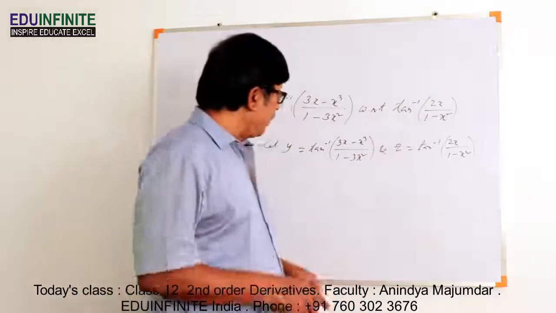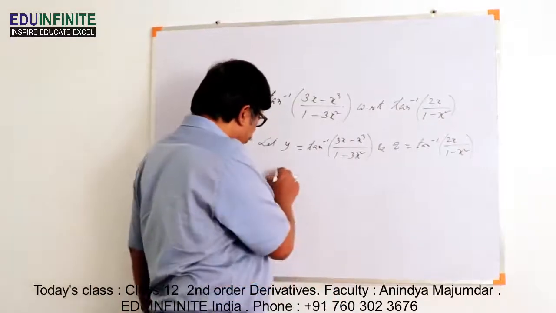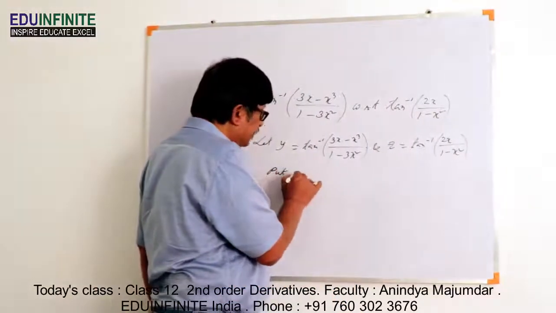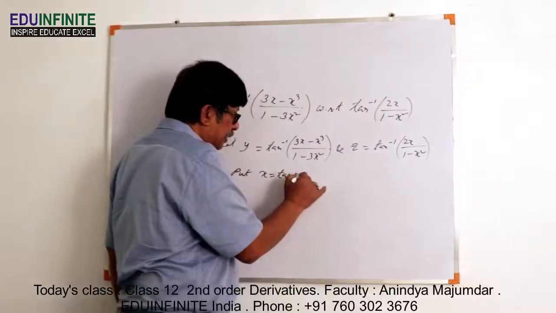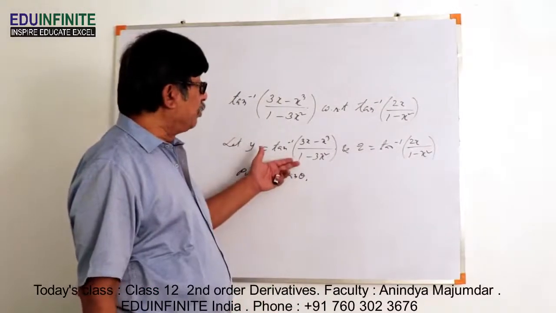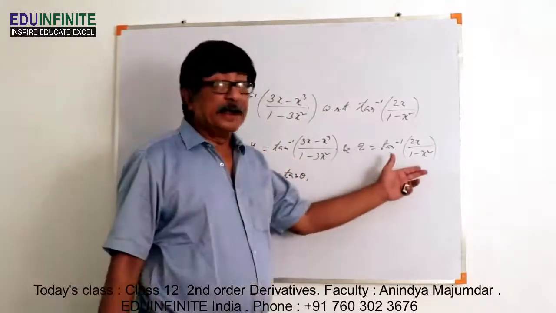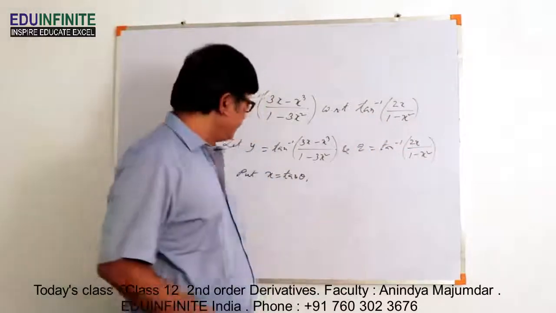And you are absolutely correct, that put x is equal to tan theta. Now, I cannot put x is equal to tan theta out here and x is equal to something else. I have to put x is equal to tan theta everywhere.